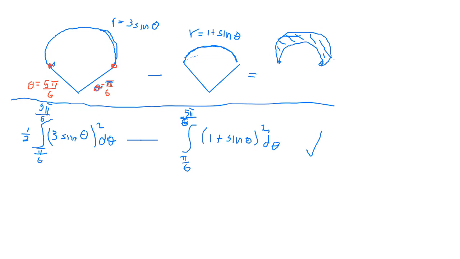This is where students have difficulty. They have no problem drawing the polar curves, but figuring out how to get the area of the region is what's difficult sometimes. And you can see that if you take this area here and subtract this area, you're going to get this area.